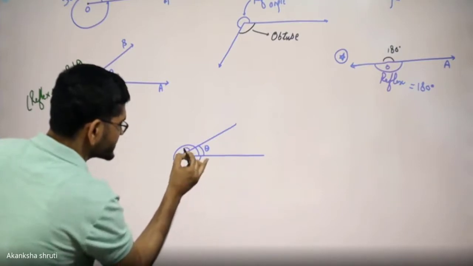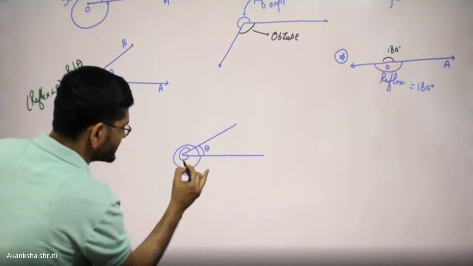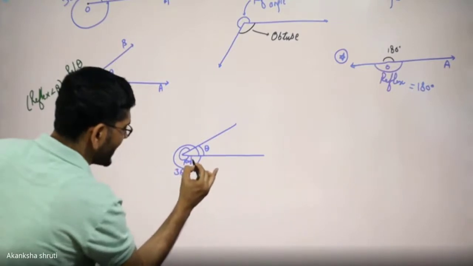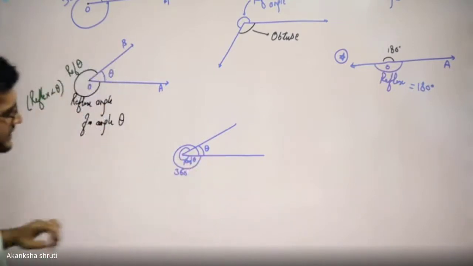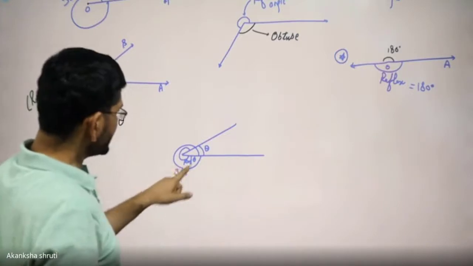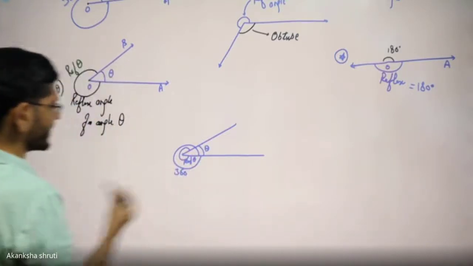But if we just start from this and come to this, it is called the reflex of theta. It means this 360 is theta plus reflex of angle theta.